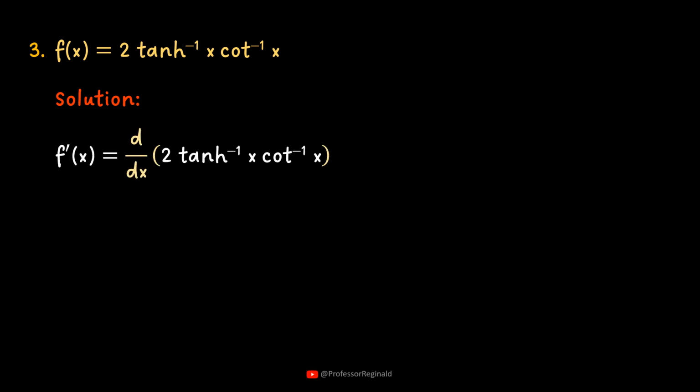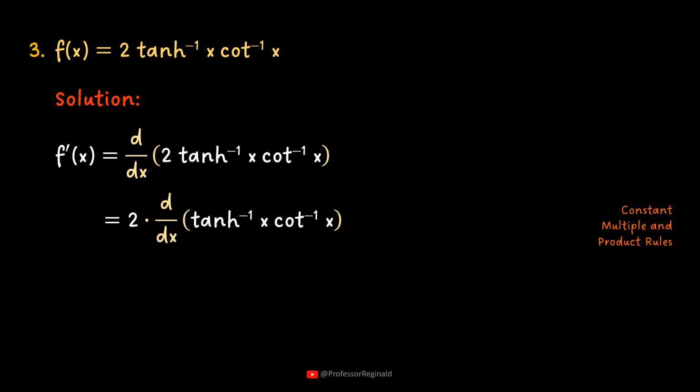Number 3. F of x equals 2 times the inverse hyperbolic tangent of x times the inverse cotangent of x. Solution. F prime of x is the derivative of f with respect to x. Apply the constant multiple rule and the product rule. Differentiate using an inverse trigonometric and an inverse hyperbolic function rule.